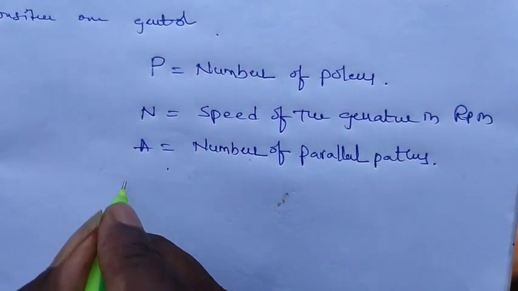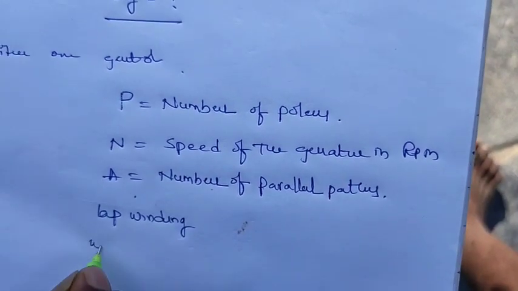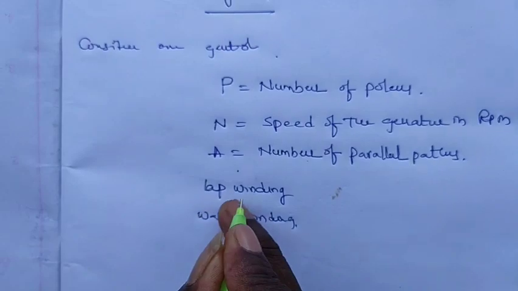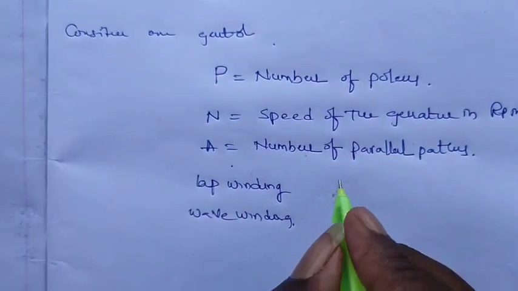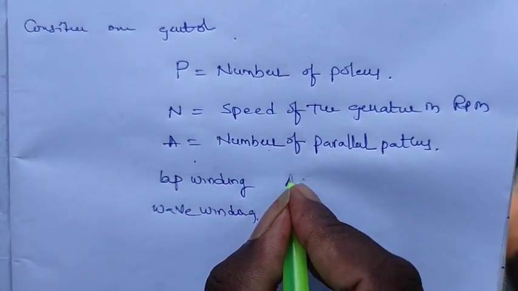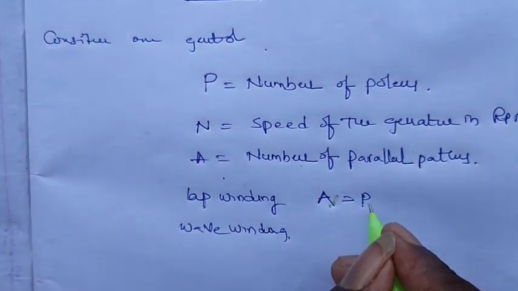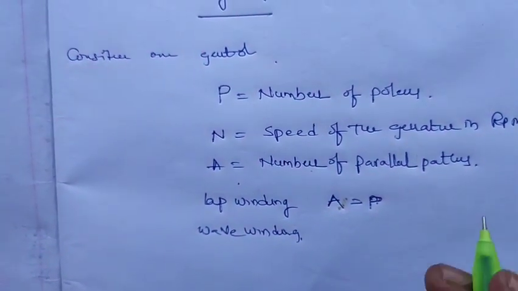Here two windings are there. One is lap winding, another one is wave winding. In lap winding, the number of parallel paths A equal to P. So whatever the poles in the machine is equal to the number of parallel paths.